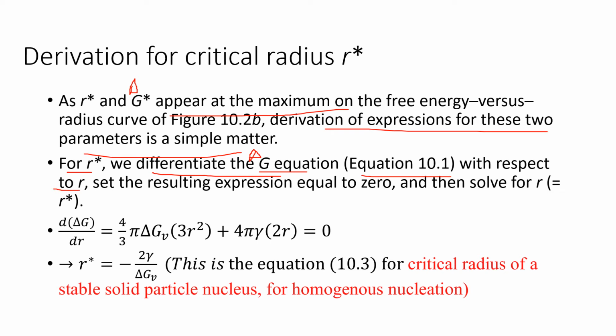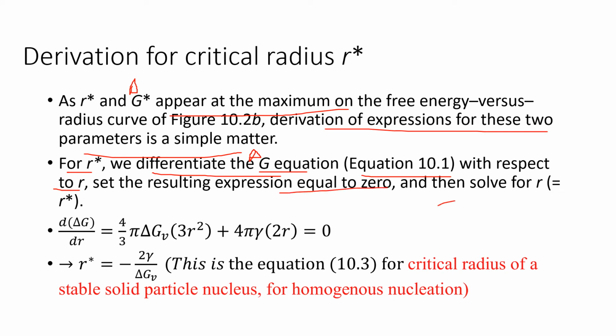Remember that the delta G equation is the summation of 4 by 3 pi r cube delta Gv plus 4 pi r square gamma. We differentiate with respect to r and make it equal to 0.